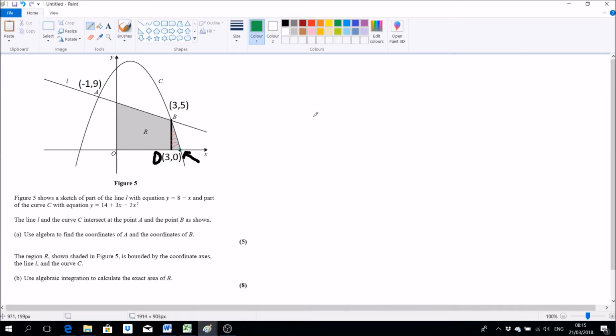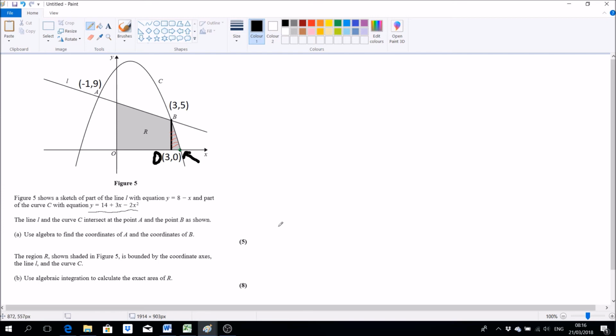Okay, so now we have to calculate the area of this red shaded region. And this red shaded region can be calculated by using integration. We have to integrate the curve C. So the curve C has this equation, which I just underlined.